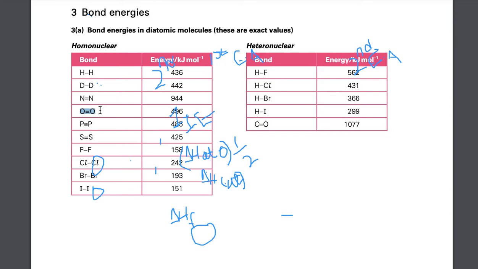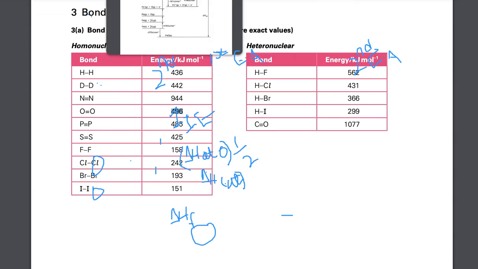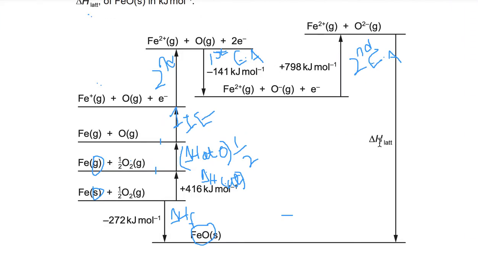So this would form two oxygens, but in the question there is only one oxygen, so we divide 496 by 2, which is 248. So this one would be plus 248.